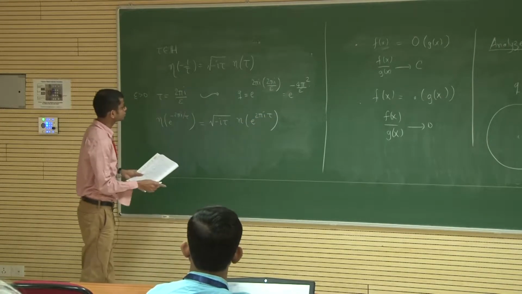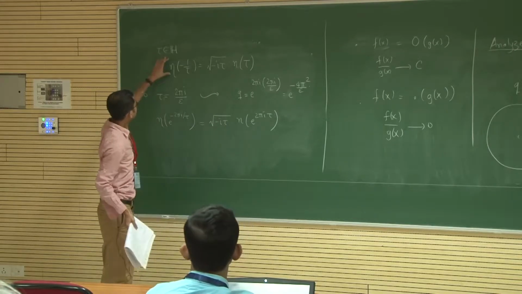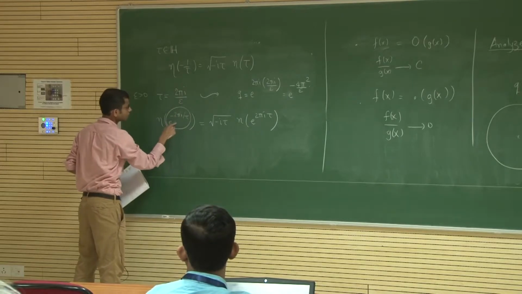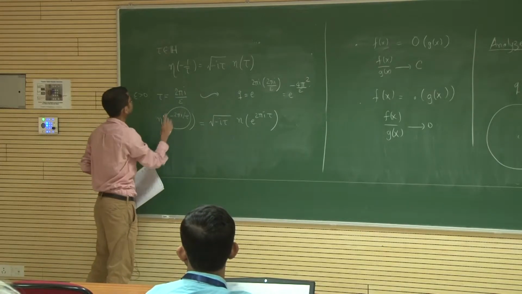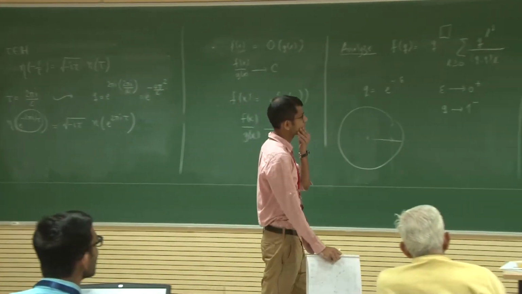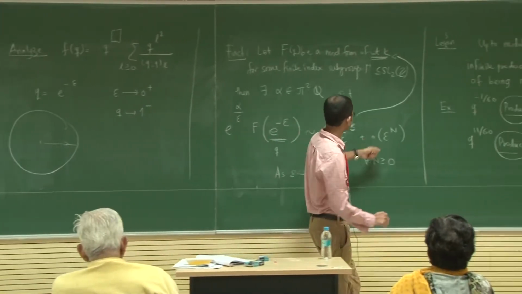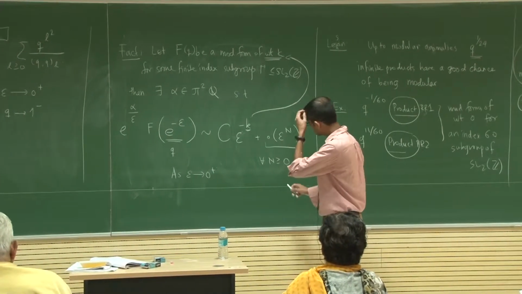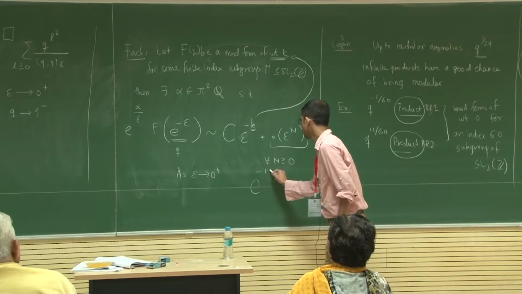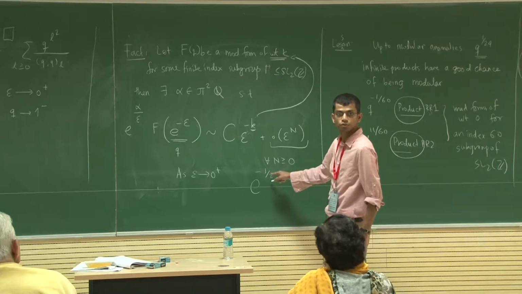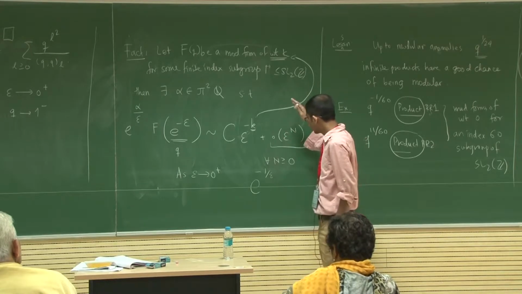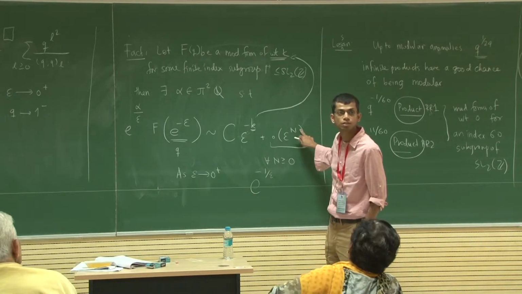Again, this is confusing, I completely understand. I have written this in terms of an argument that is in the upper half plane, but here the meaning is that the argument is in the disk. So what does it mean to say for all n greater than or equal to 0? The error is something like e to the minus 1 over epsilon. If you divide by any power of epsilon, 2, 3, 4, whatever, it decays faster than any epsilon to the n.